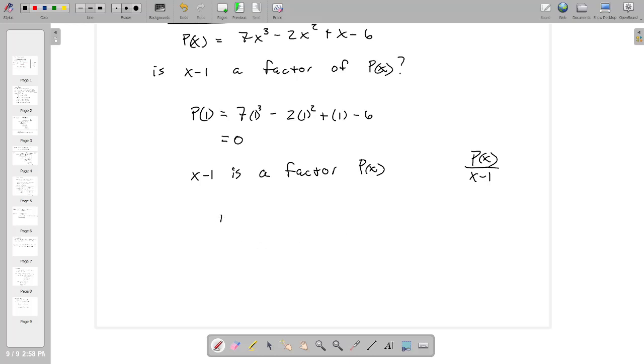So the 1 goes in the box, and then we take our coefficients of p of x, 7, negative 2, 1, negative 6, and remember, this is an x cubed term, this is an x squared term, this is an x, and this is a constant.